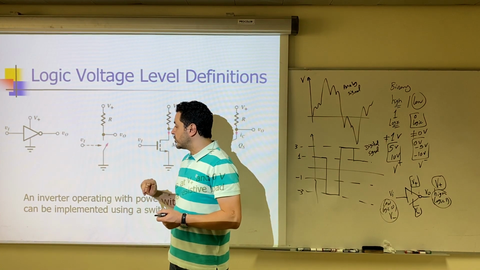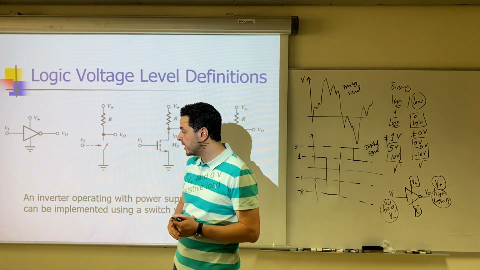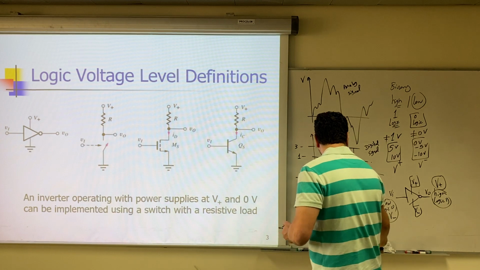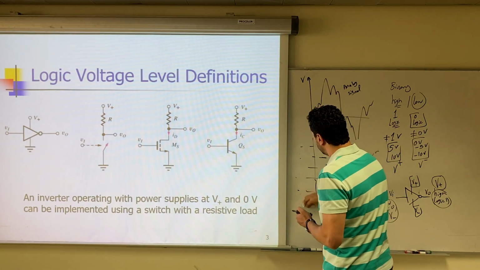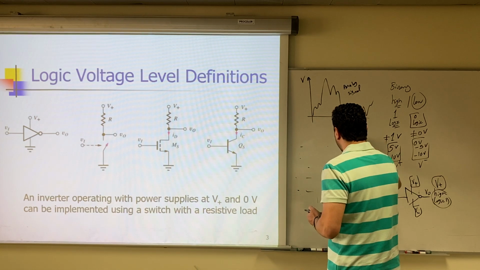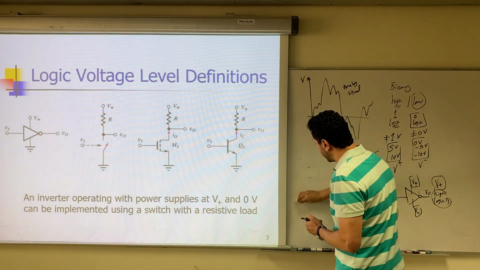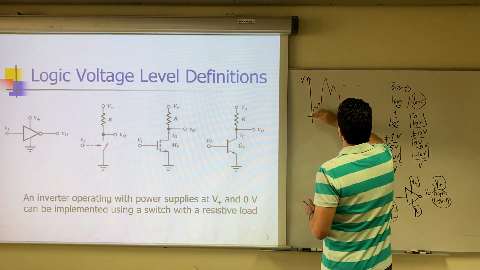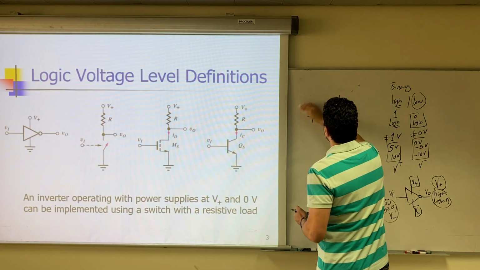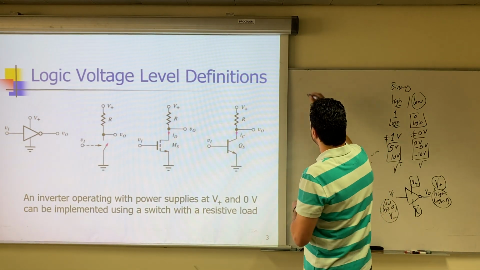Then we have a switch controlled through V input. You can design this switch so that when the input is low, the switch will be off or open. Then what happens when the input is low?